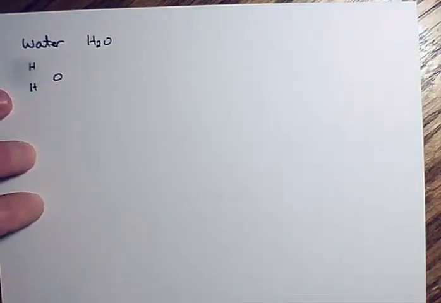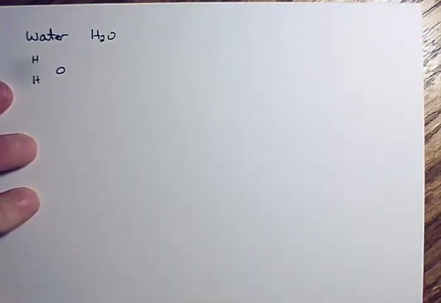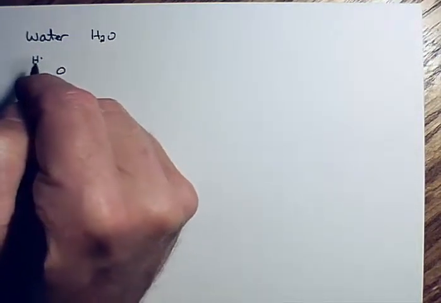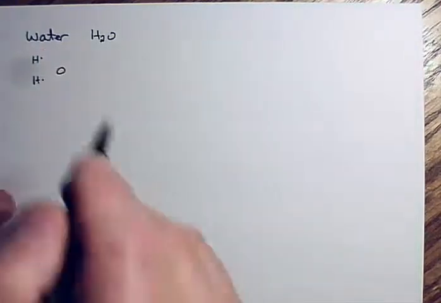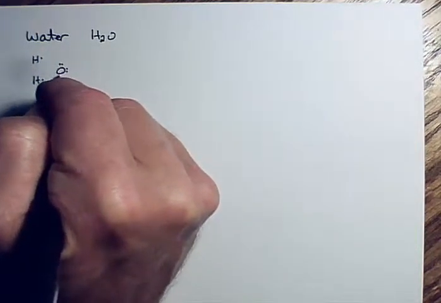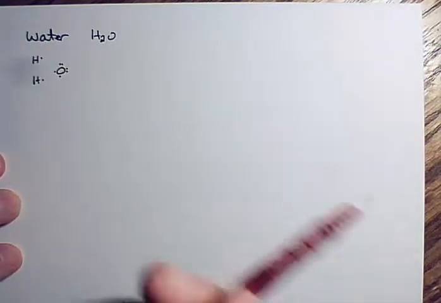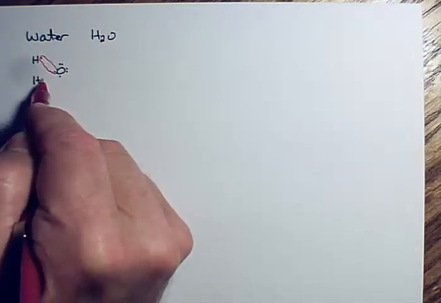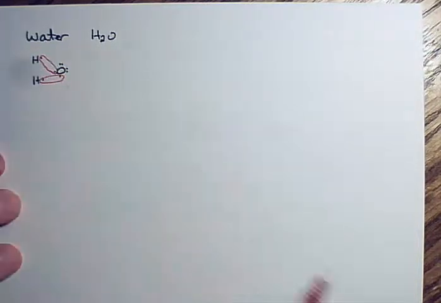How many electron dots do we have on each of those elements? How many electron dots on a hydrogen? 1. How many electron dots on an oxygen? 6. And so we share electrons here and here, okay?